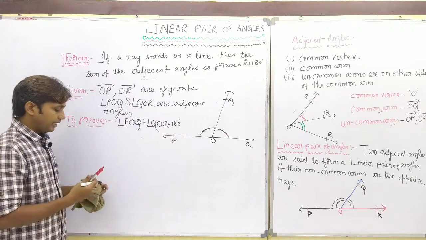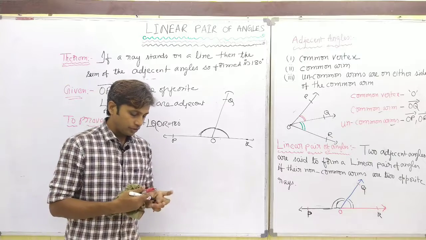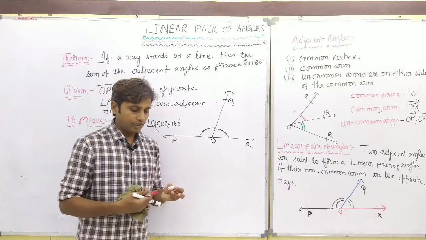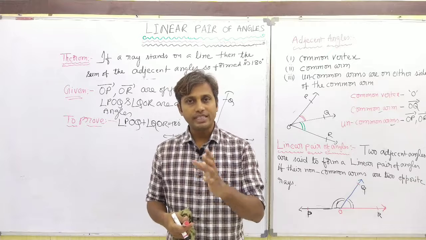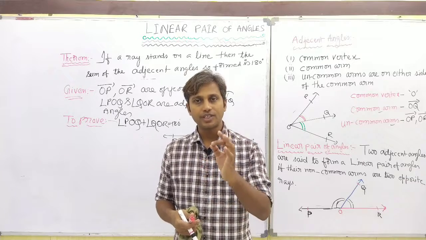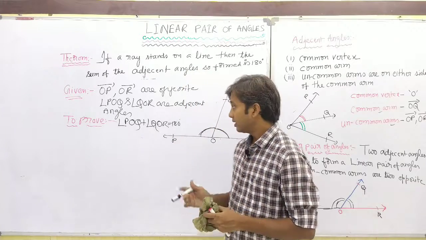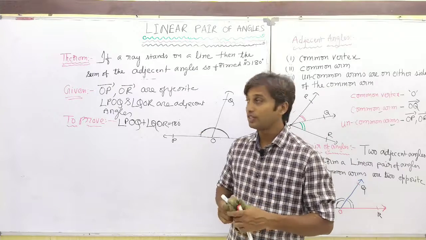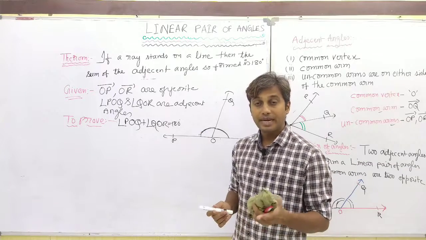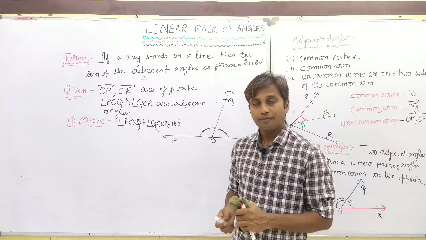Got it? Now tell me guys, whenever you need to prove some theorem, you need to observe whether the details of the given diagram are sufficient or insufficient. Here the details of the given diagram are not sufficient for doing this proof. So we need some additional construction for that. And what additional construction do we need to do?